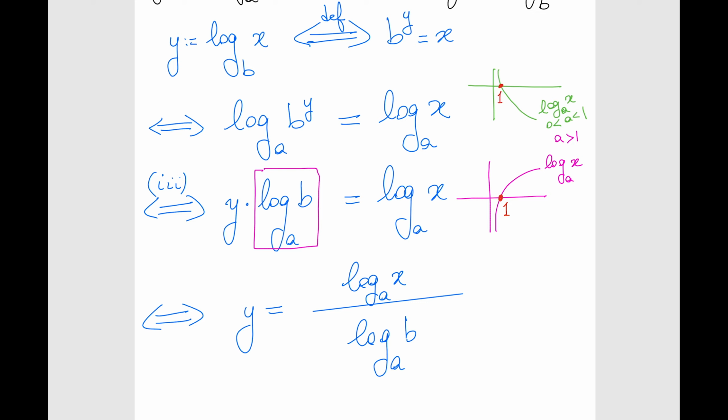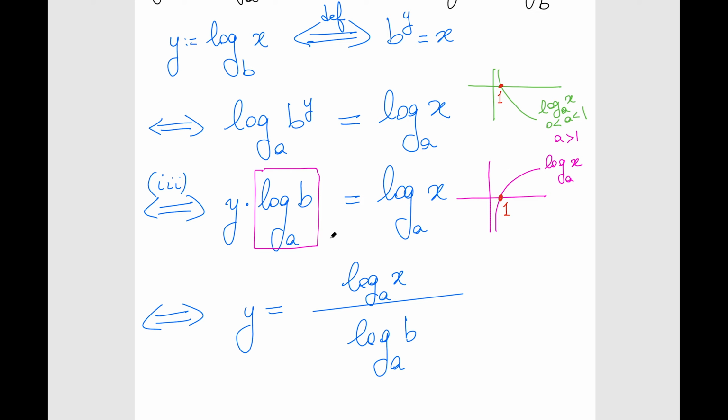At 1, right? So at 1, the log function crosses the x-axis. And it's a monotonic function. The only time it crosses the x-axis, which means the only time it outputs the value 0, is when the input is 1, right? The only time log base a of x, regardless of what the base is, outputs 0 is when the input is 1. Look at the pictures.